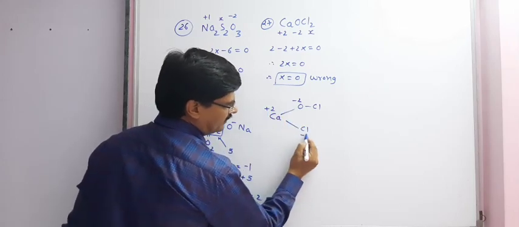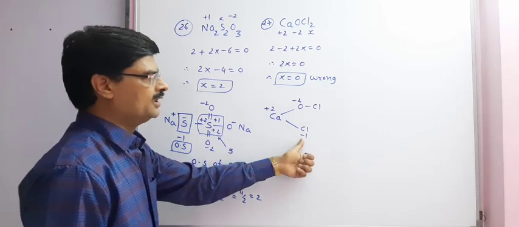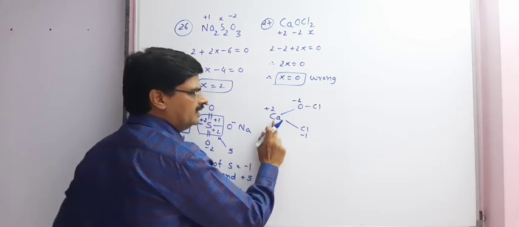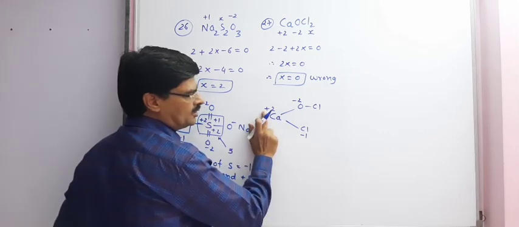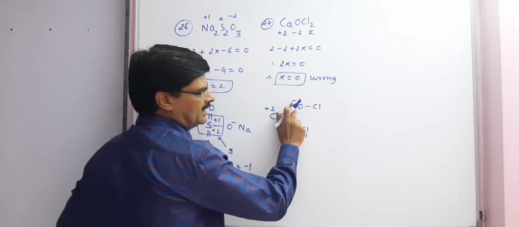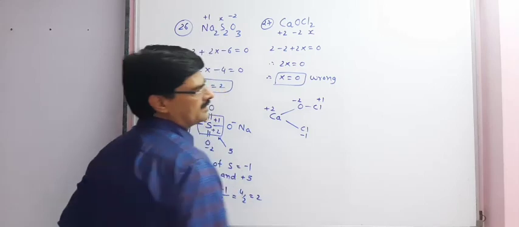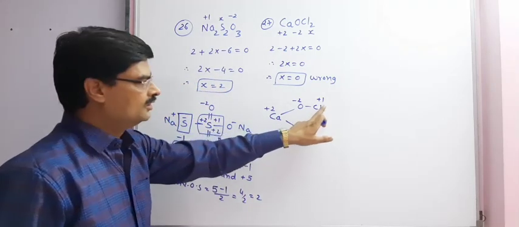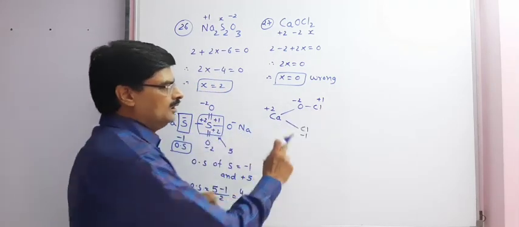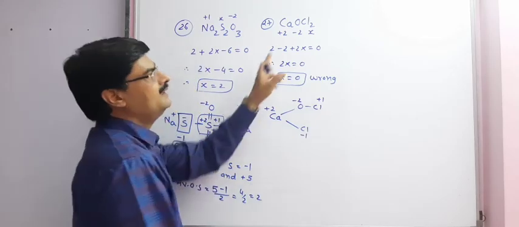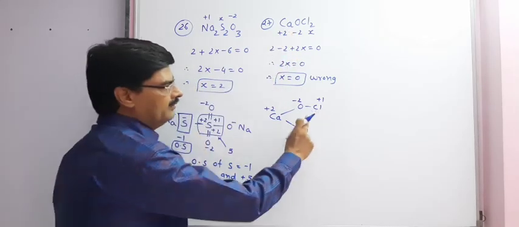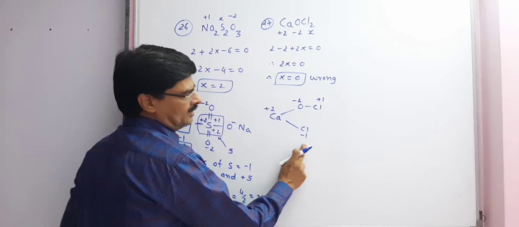Here also it is -1. Here also it is -1. So in this case, Ca is having +2, oxygen is having -2, so chlorine will be having +1 oxidation state. So the oxidation state of chlorine in CaOCl2 will be +1 and -1.